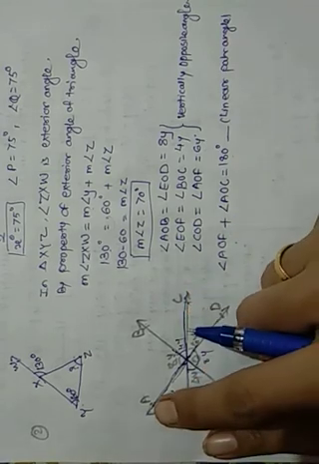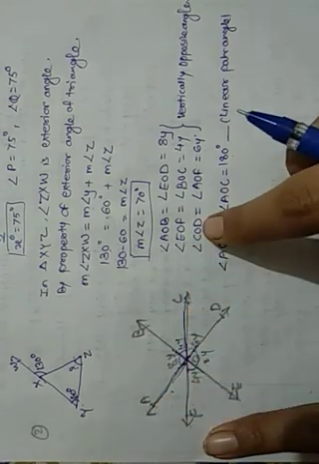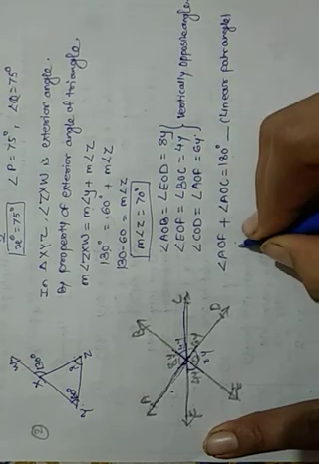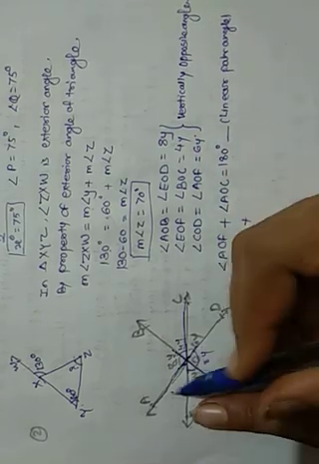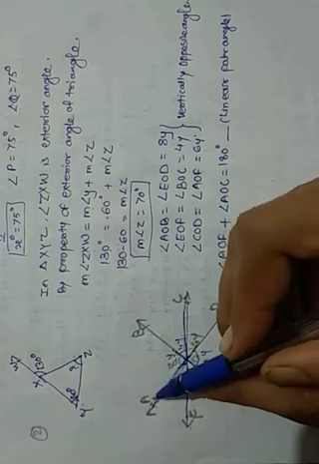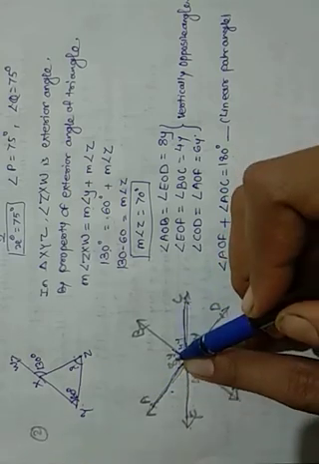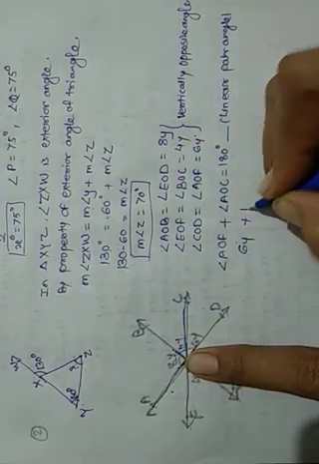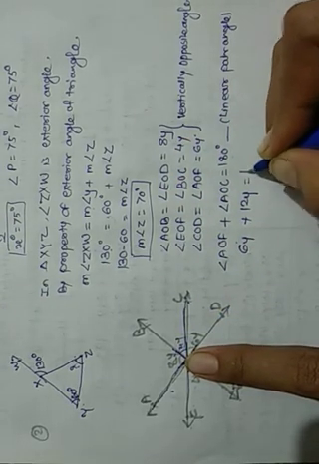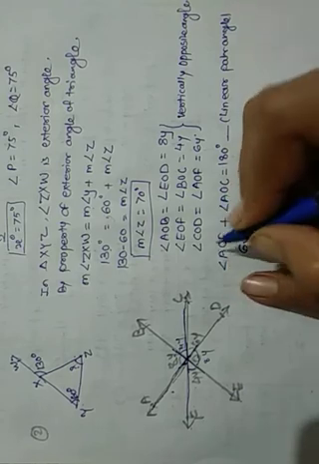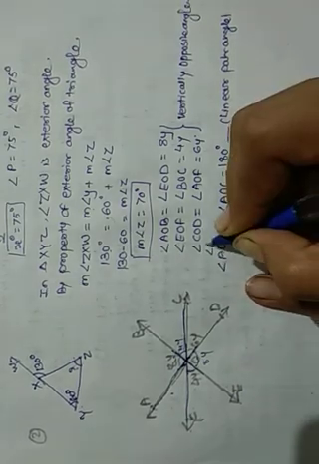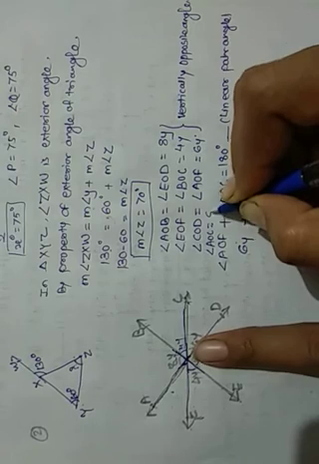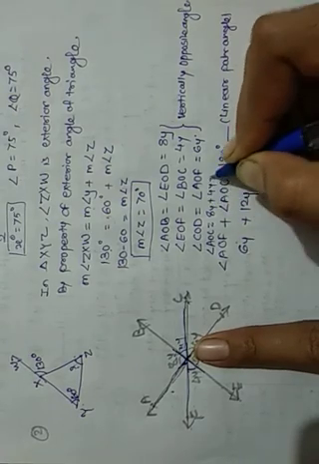So measurement of angle AOF is 6y plus angle AOC, this 8y and this 4y. 8 plus 4, that is 12y. I will write here angle AOC is equal to 8y plus 4y, that is 12y.